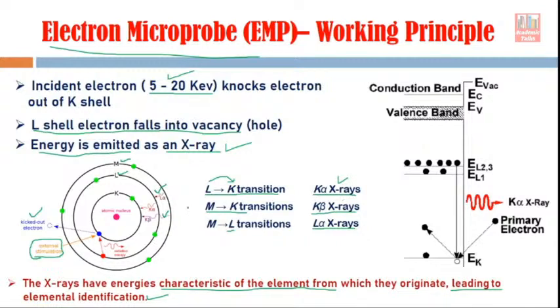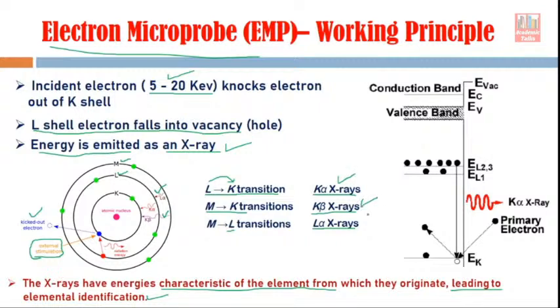So you can see that it is possible that from a single element multiple transitions can occur. The transition may be from L to K level, or from M to L level, or from M to K level, and there are other possibilities also. So depending on the type of transition which occurs in the element when it interacts with the incoming electron, we have different possibilities of X-ray radiations which come out.